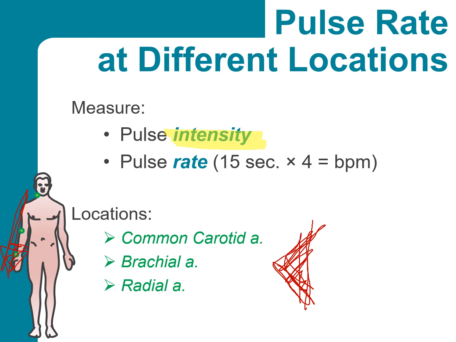The second one is, probably not surprisingly, taking the pulse rate from each of these sites. How we do it is, though, a little different from what we have done previously in this class. Remember, I told you that you should measure the pulse for a full duration of a minute, so 60 seconds, to get a pulse rate as beats per minute. It turns out though that in clinical practice we often do not have enough time to do this for a full minute.